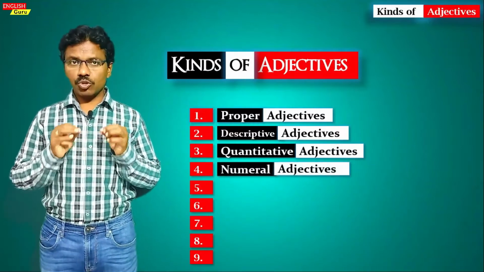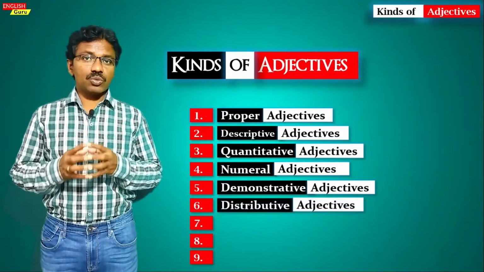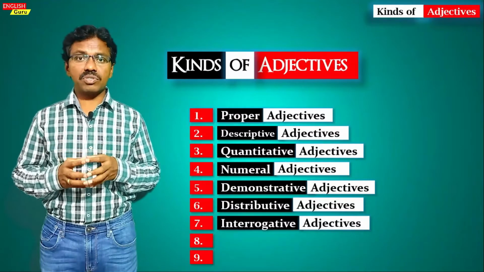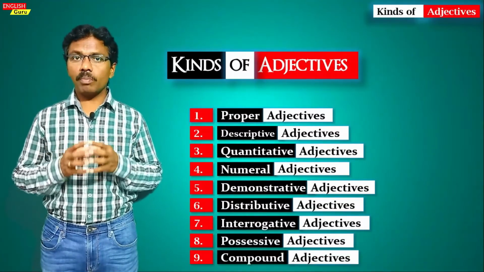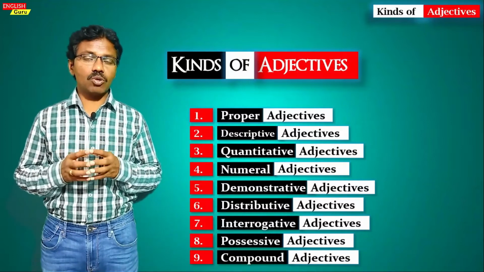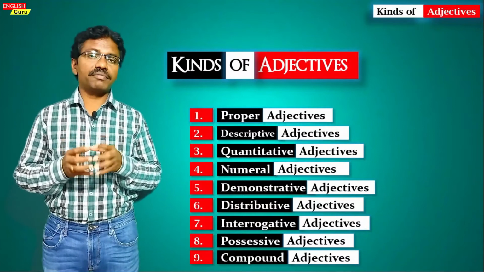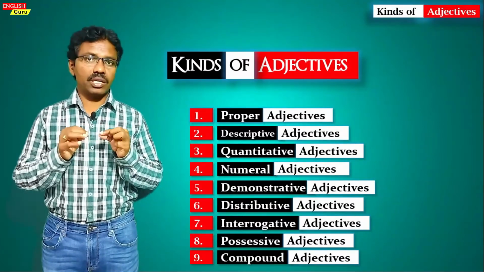And the fourth one is numerical adjectives. The fifth one is demonstrative adjectives. Sixth one is distributive adjectives. Seventh one is interrogative adjectives. Eighth one is possessive adjectives, and the ninth one is compound adjectives. And these are all the 9 adjectives that we are going to talk about in brief in this particular video. And now let us talk about each one in detail.